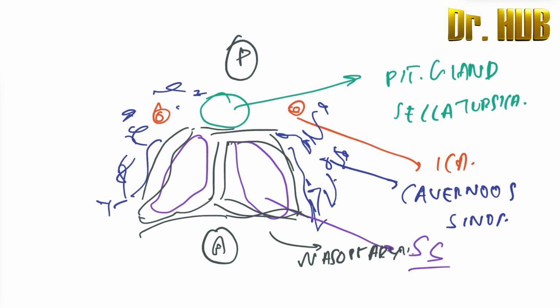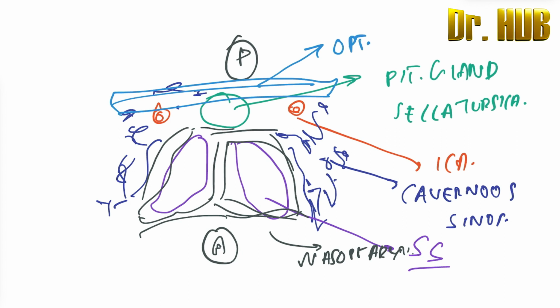Above the pituitary gland in the sella turcica is the optic chiasma, which is superior to the sinus.